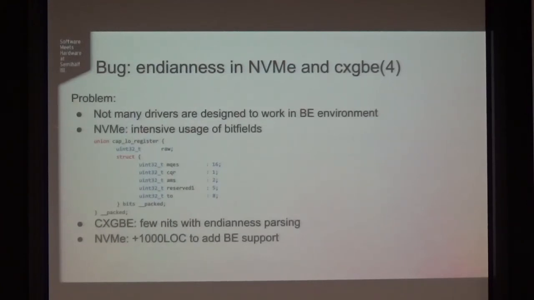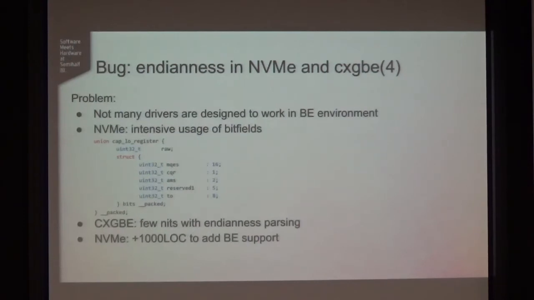So for the NVMe, this number here is wrong. The newest patch after the review has about 3,000 or 4,000 lines of code which had to be changed in NVMe to be big endian compatible.